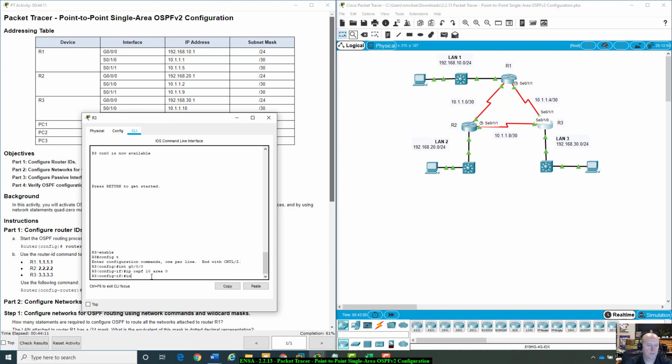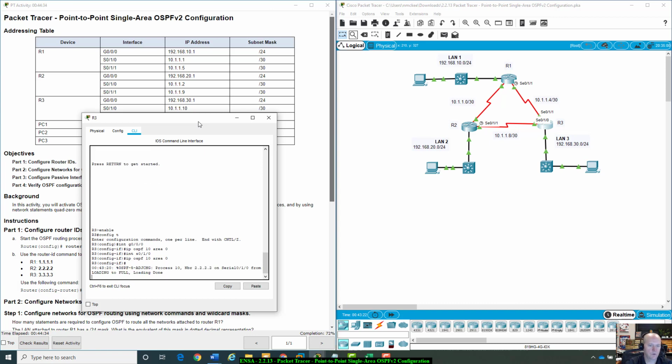And I believe we might be able to get an interface from here. So serial 0/1/0. Yep. So we didn't have to do the exit. We just went straight into it. All right. So ip ospf 10 area 0. All right. So that one's done.